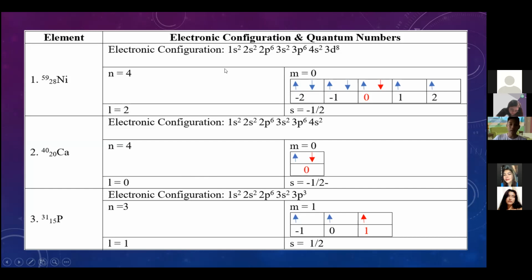Actually, what is listed here can be found in the periodic table as a guide. S can hold only 2 electrons, P goes up to 6, D goes up to 10, and F goes up to 14. So the principal quantum number is 4, because based on the periodic table, nickel is in period 4.